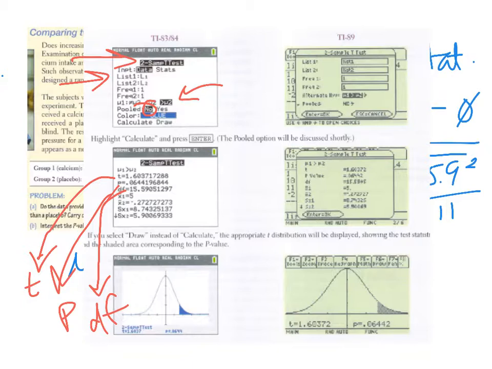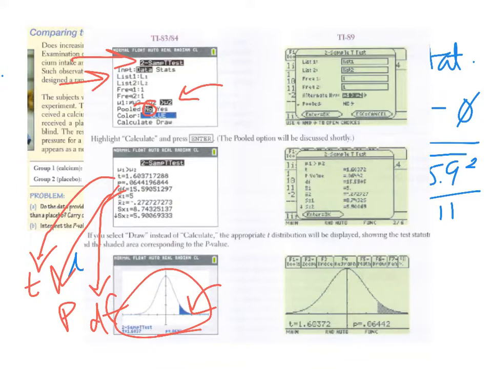I need to write t equals 1.6, my p-value equals 0.064, and my degrees of freedom equal 15.59. I need to write all of those down so that I can get full credit here. You can also draw it, and it will show you what you were finding. I was finding the area of this end of the tail there.